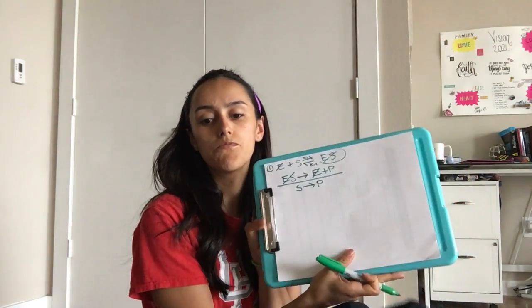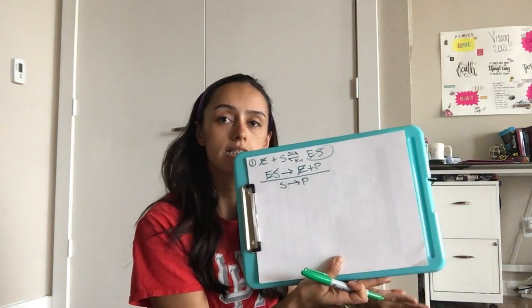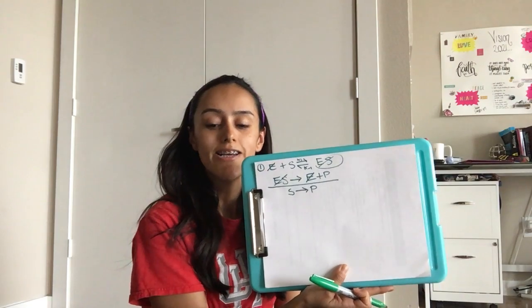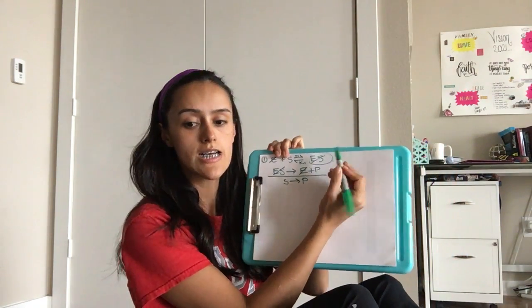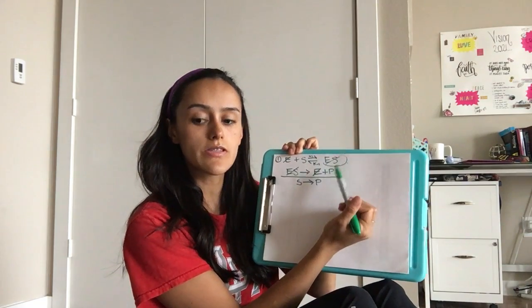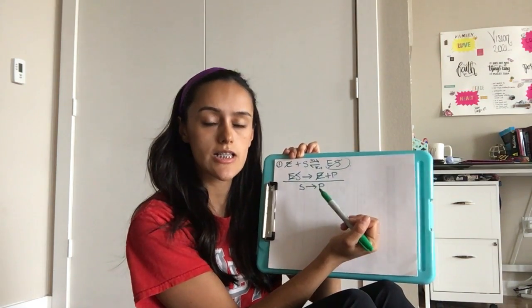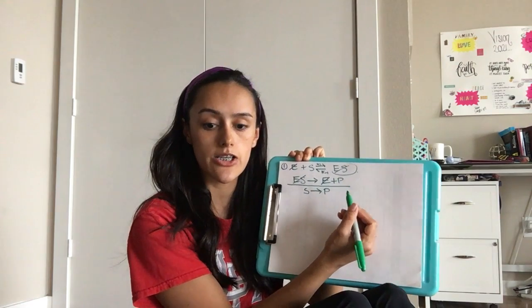Now, in order to solve this, we have to make a steady state approximation. That means the creation of this complex is equal to the sum of all reactions decreasing its concentration.